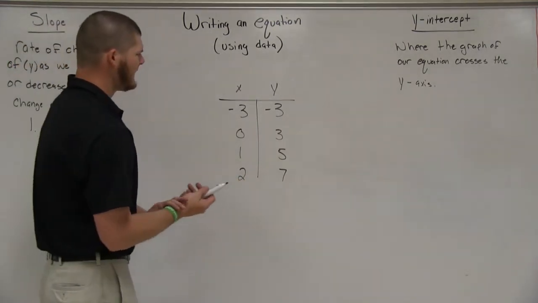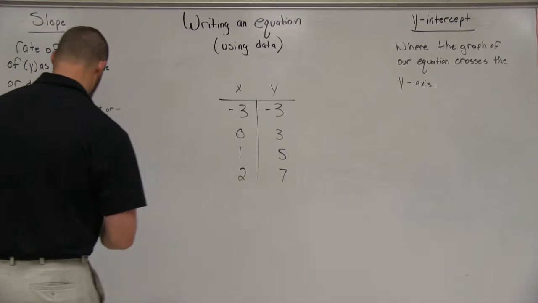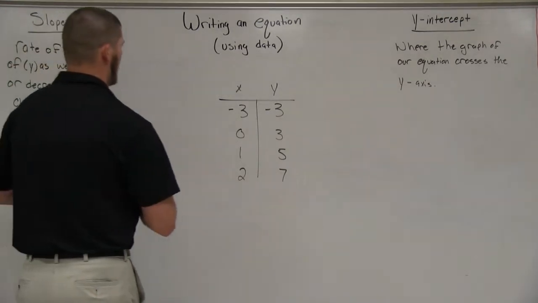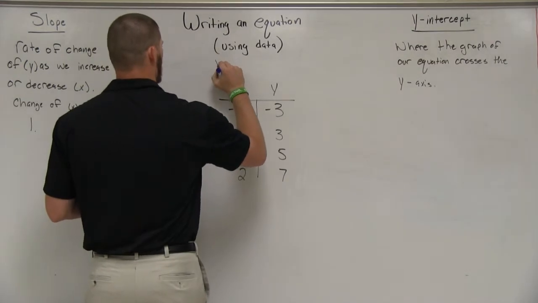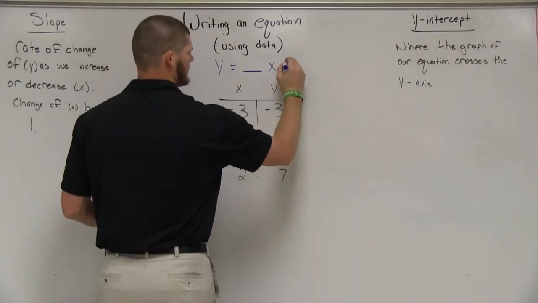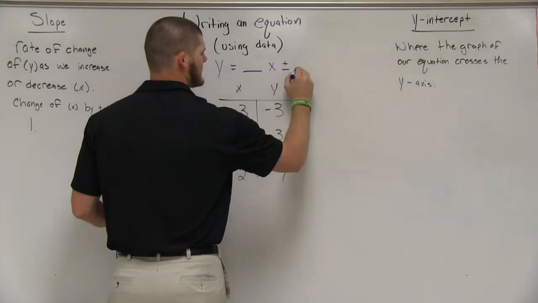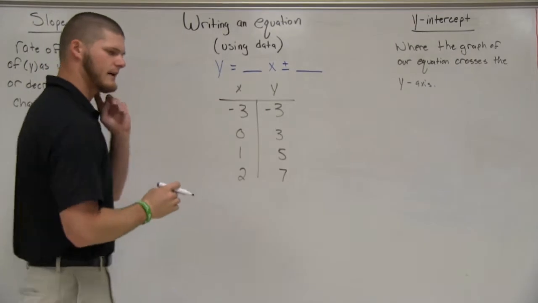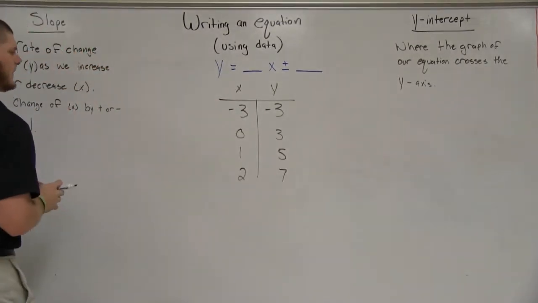As we look at this, we know that we are going to end up writing a y equals equation. y equals something times x plus or minus something else. And we don't know if it's plus or minus, and we'll tell how to tell that in just a moment.